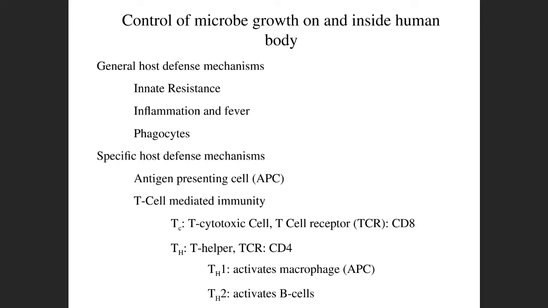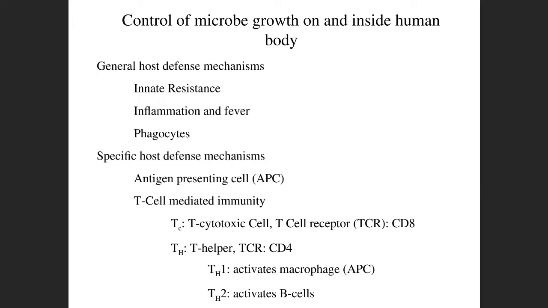All right. Now, there are surface receptors. They have T cell surface receptors, and the T cell surface receptors are different. One is CD8, one is CD4. And then for the T helper there are two types. They specialize. One is to activate macrophage, one is to activate the B cell.